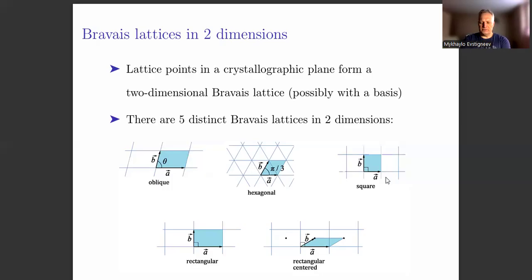And finally, we have the rectangular Bravais lattice: different lengths of the translation vectors, but the angle between them is 90 degrees. The rectangular lattice is actually a family of two members: the primitive rectangular or simple rectangular lattice and the centered rectangular lattice, which is obtained by placing an extra lattice point in the center of each of these rectangles.